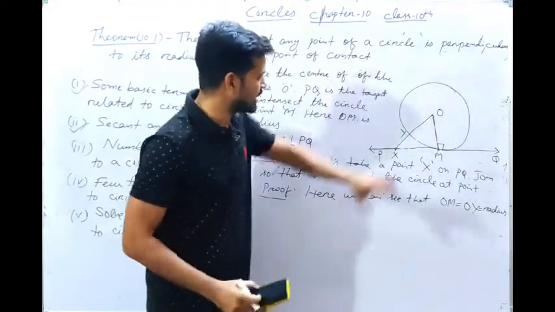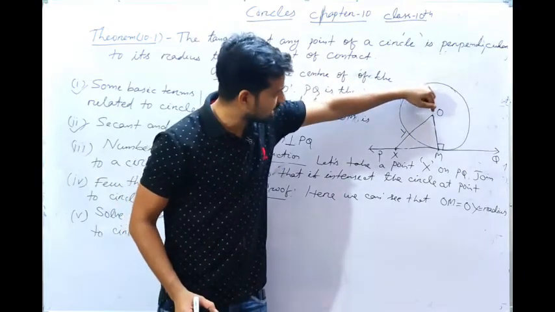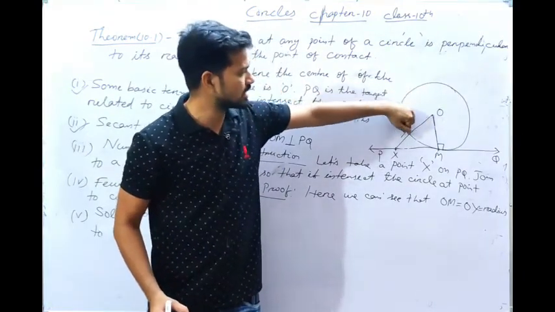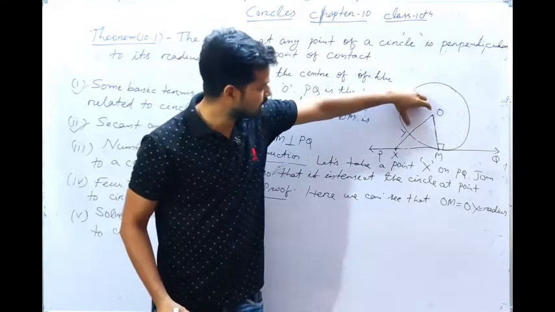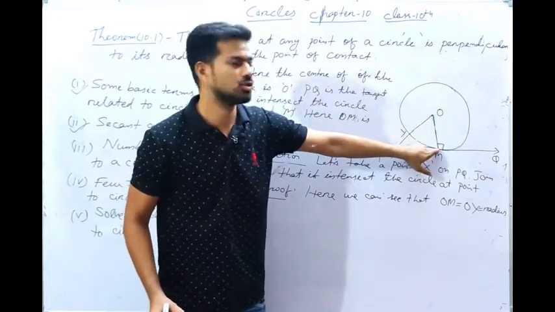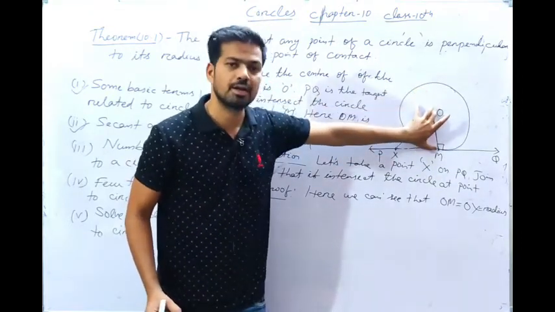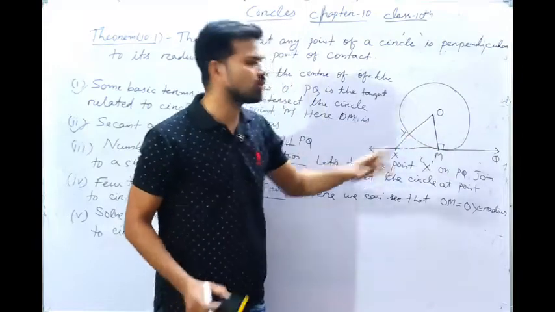You can easily notice that according to the definition, the distance from the center to the circle is known as our radius. This is also our radius. So obviously the radii are equal. So OM is equal to OY.